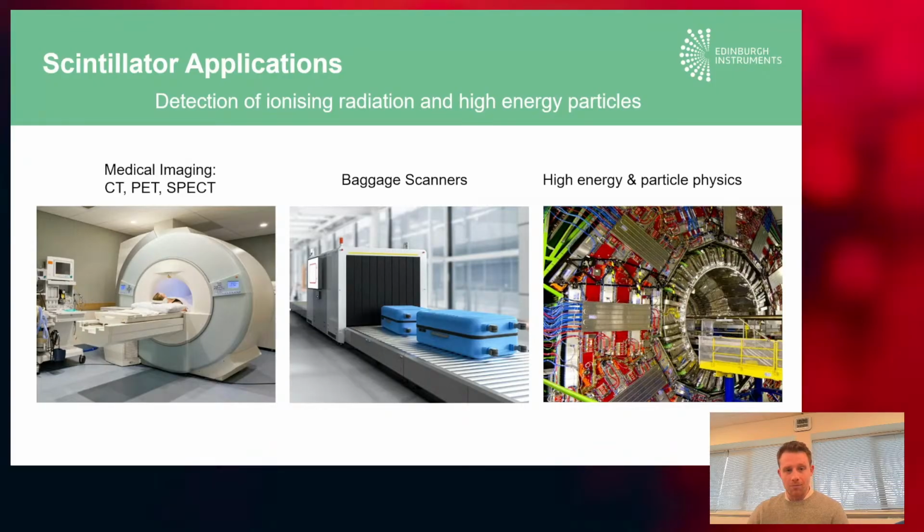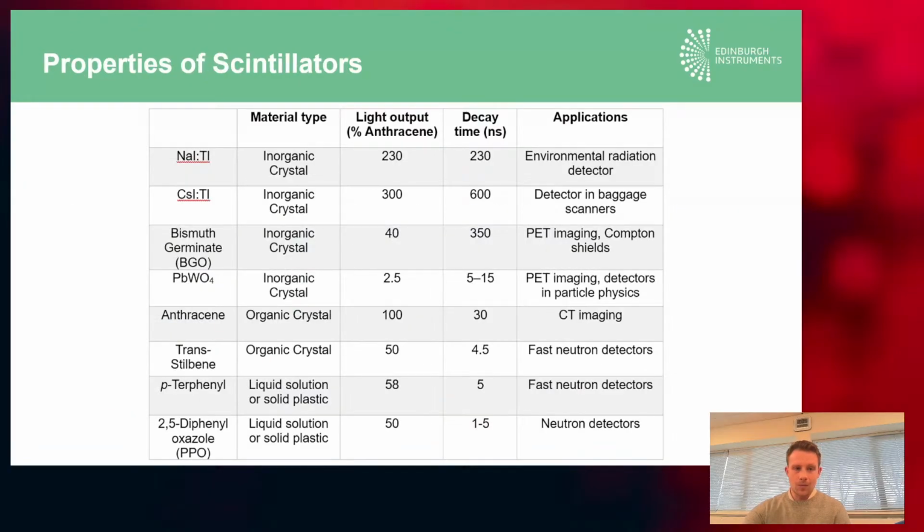They're also used in baggage scanners to detect dangerous weapons in airports, and they're also used quite a lot in high energy and particle physics, so for detecting high-energy particles and cosmic rays, and these are used in the Large Hadron Collider at CERN.